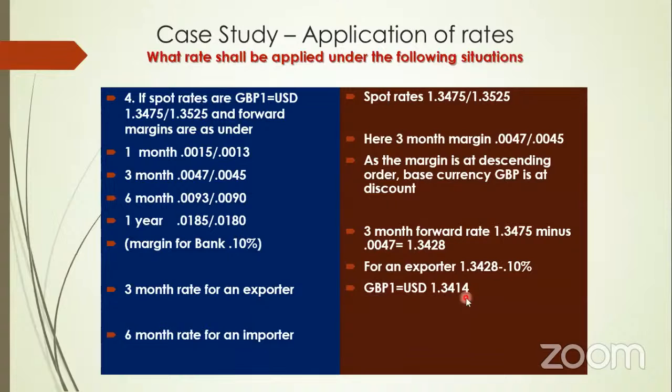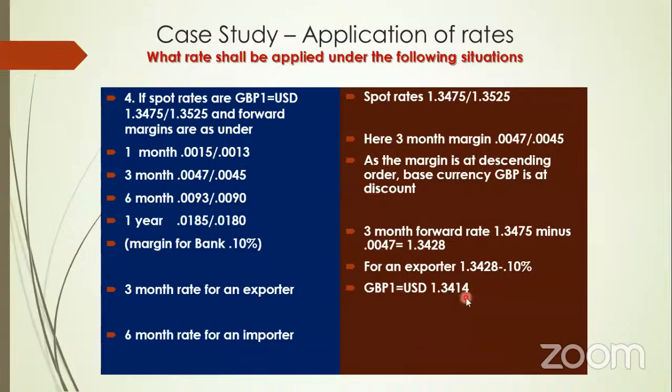You will get 1.3414. This is the 3-month forward rate for an exporter after loading bank profit. Bank profit for an exporter will be deducted.